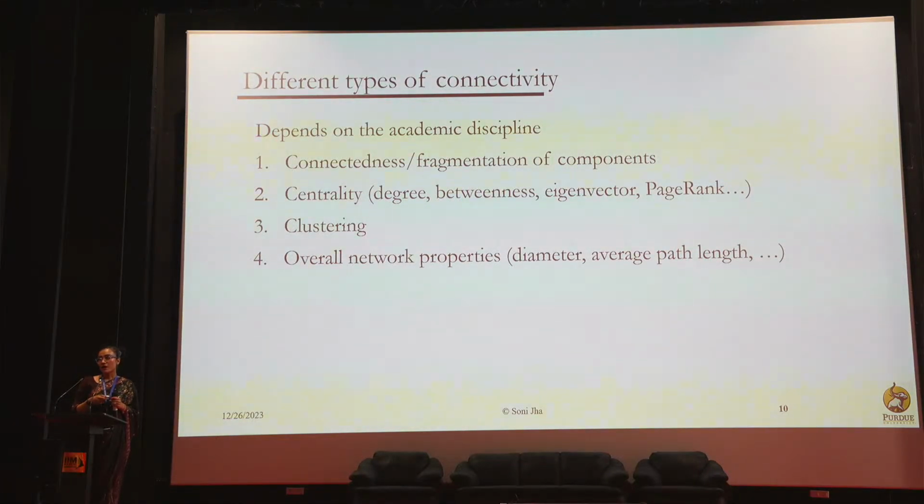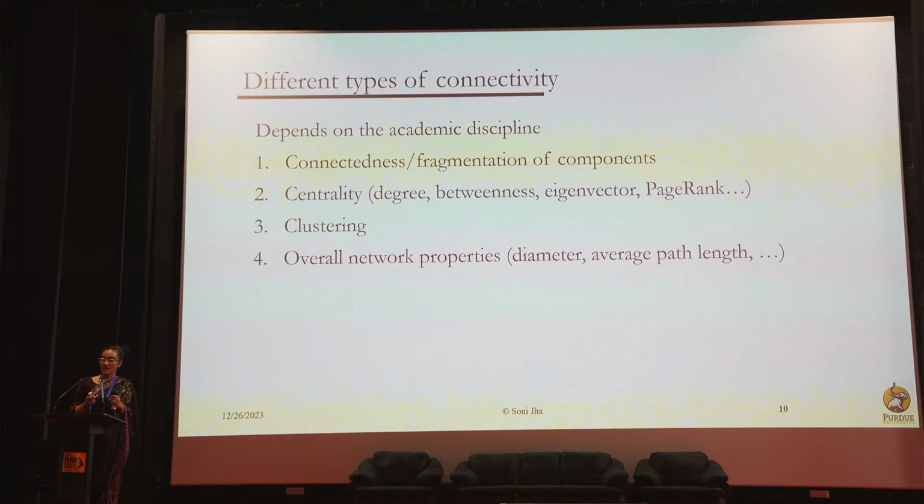And so if I am connected to people who know a lot of different people, then possibly those are influential people themselves, and because I'm connected to them, I am considered influential in the network, right? And so on and so forth. There are multiple other measures of connectedness or centrality that you can use for different things, 2 of which we talked about. Then you have clustering.